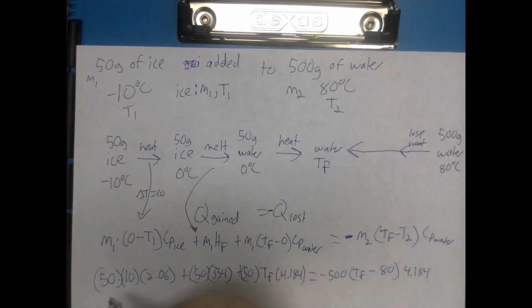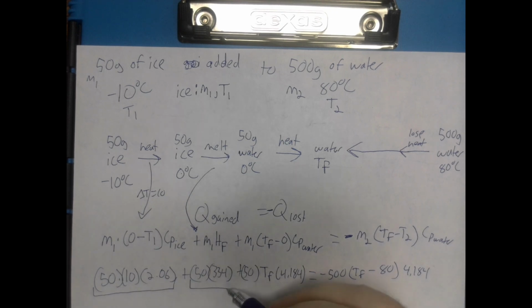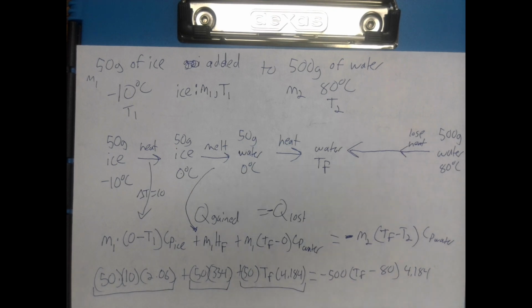Now, we can go ahead and add this together, and we can FOIL this out. Try not to add, you multiply them out. So 50 times 10 times 2.06, so these are our three terms.